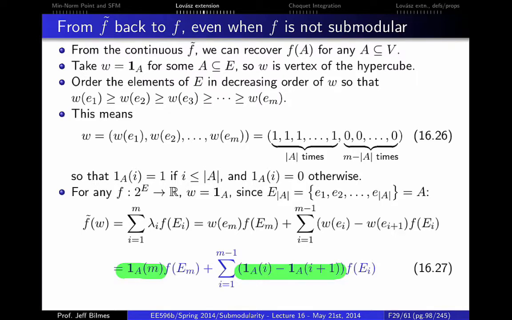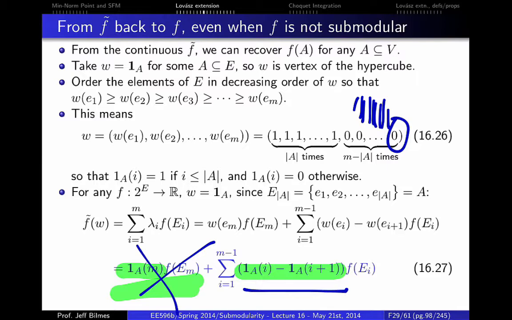Unless a is equal to the ground set, this one is right away going to be equal to 0, so that guy cancels out, because m is equal to this last element. In fact, all of these differences are going to be 0, because it's 0 minus 0. The only one that's not going to be 0 is when i is equal to this element and i minus 1 is equal to this element. We're going to get 0 minus negative 1, which is 1.